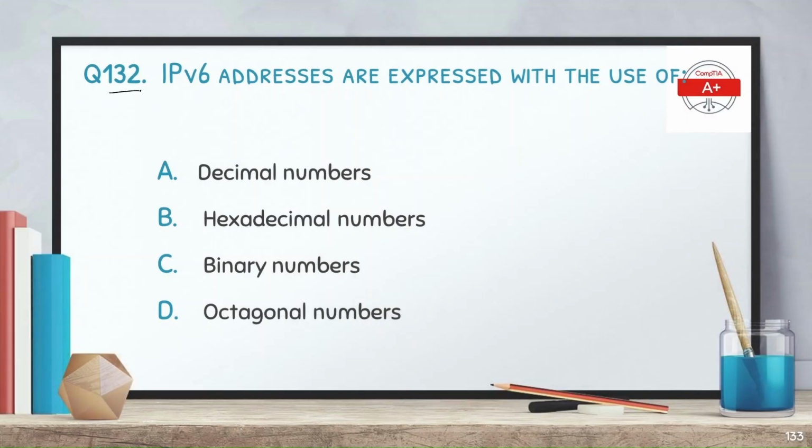Question number 132 is that IP version 4 addresses are expressed with the use of, options are A, decimal number, B, hexadecimal number, C, binary number, and D, octal number. And the correct option is the hexadecimal number, while the IP version 4 is represented by decimal numbers.